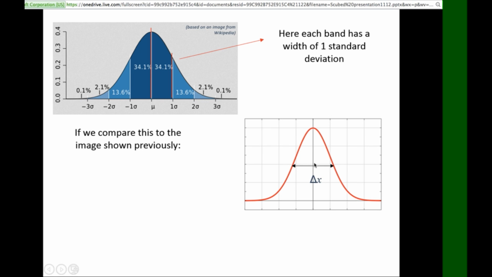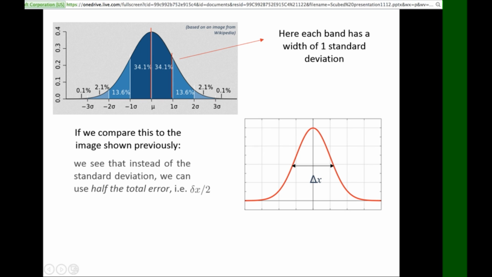The true value would be in the middle here. And this would be delta x, the total error. Now, if we compare these two images, we can see that instead of the standard deviation, we can use delta x on 2.